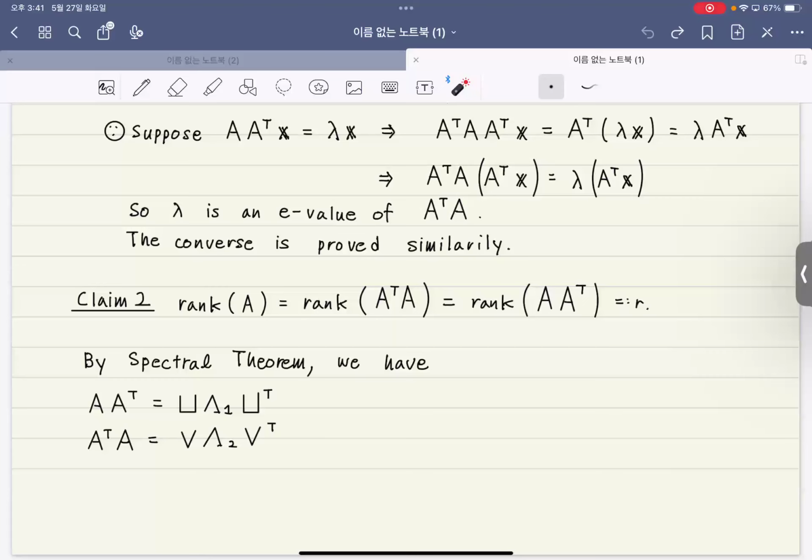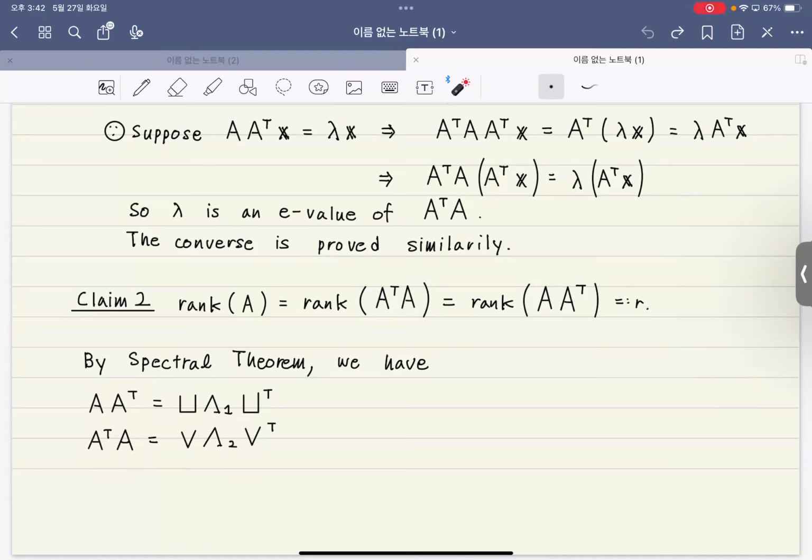By the spectral theorem, since these two matrices are symmetric, actually positive semi-definite symmetric matrices, they allow orthogonal diagonalizations. So we have U lambda 1 U transpose and V lambda 2 V transpose.